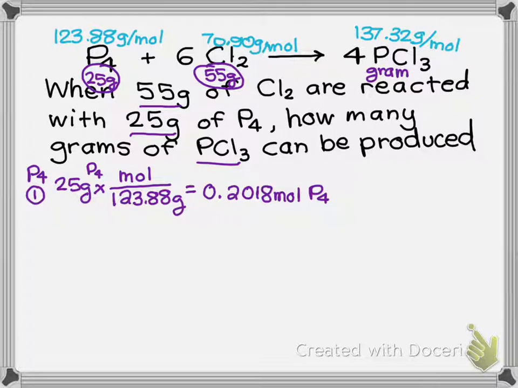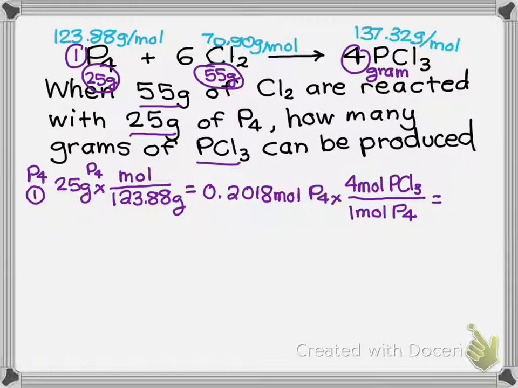Then I'm going to take the moles of P4 and multiply by the ratio. I'm going to keep writing because I'll run out of room. So the P4 has a 1 in front of it, so I put that on the bottom, and this has a 4, so I'll put the 4 on the top. That's the second step. So I'm going to multiply by 4, and I get 0.807, and this is moles of PCl3.